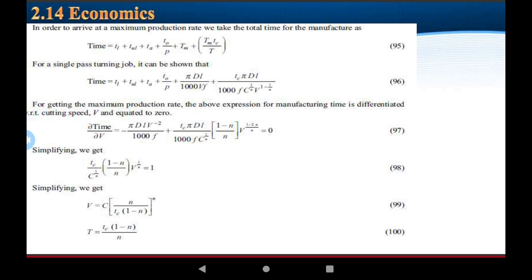n is the index, and Tc is the total time of the tool life.